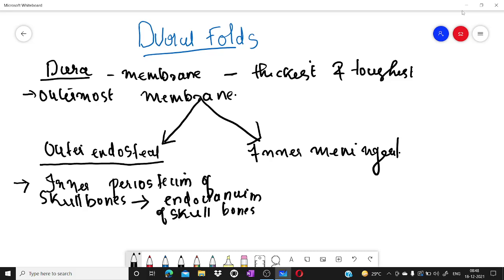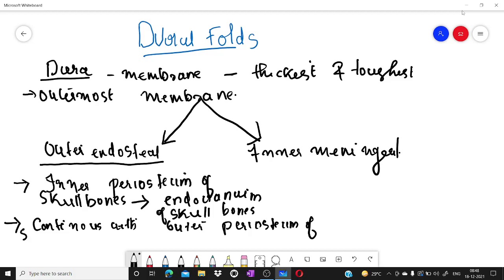Now, other points about the outer endosteal layer. This outer endosteal layer is continuous with the outer periosteum of the skull bones through the sutures and foramina.